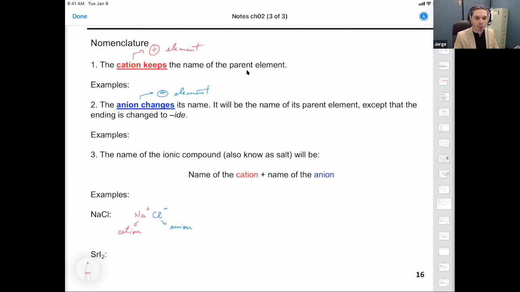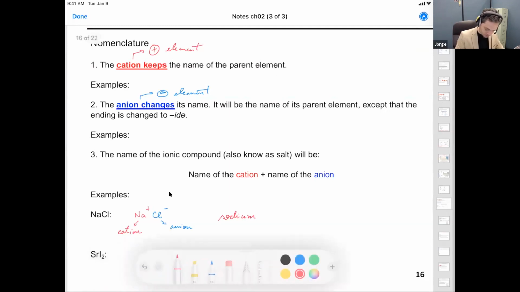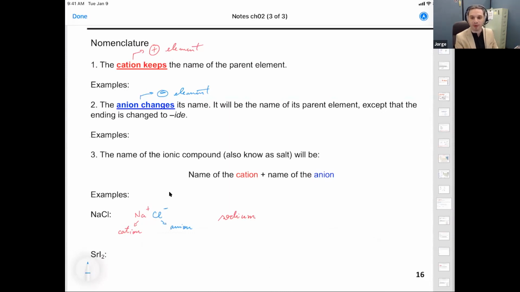Okay, how do we name this compound? Let's start with the cation. The cation is very simple. It's just the name of the element. So we have here sodium. For the name of the anion, we are going to use the name of the element, except that the ending is changed to -ide.